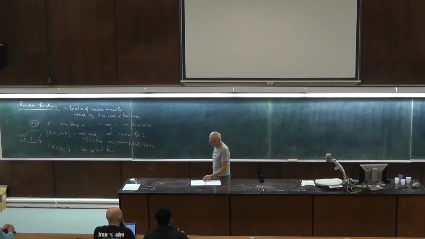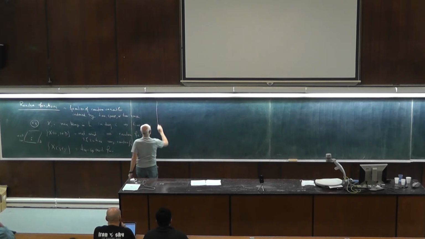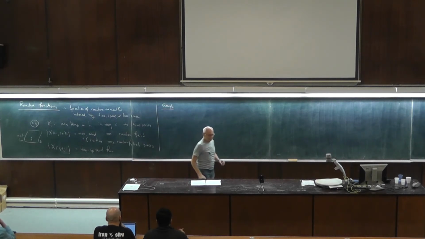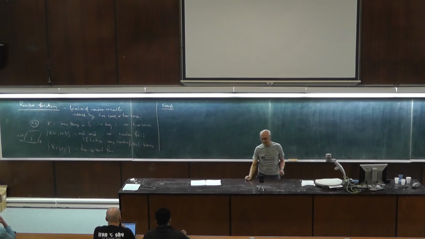So to illustrate this, let me start with a very basic example. And I think this example is extremely powerful for introducing concepts. First, like any other thing, is simple.